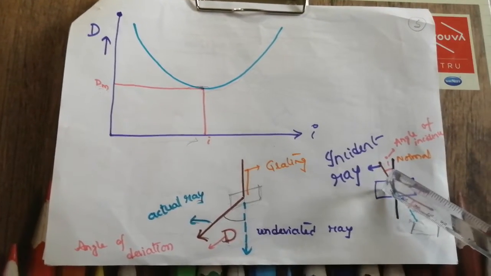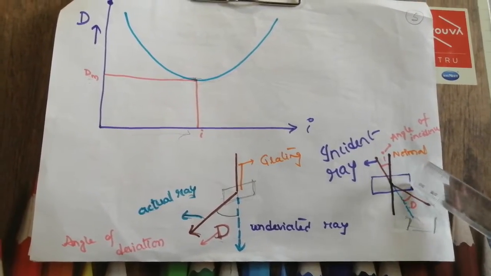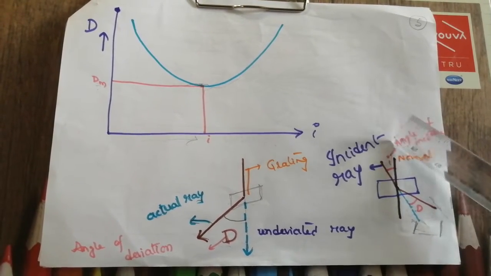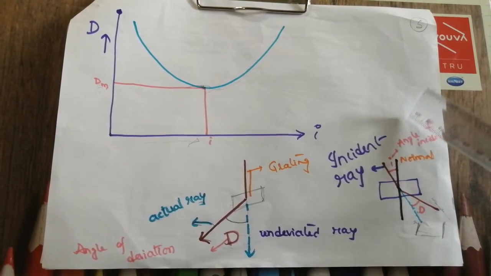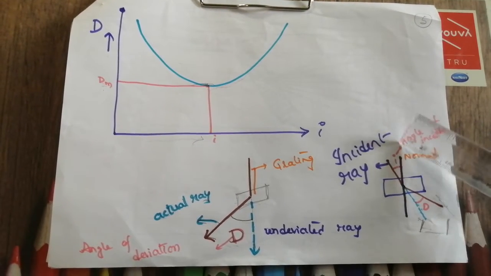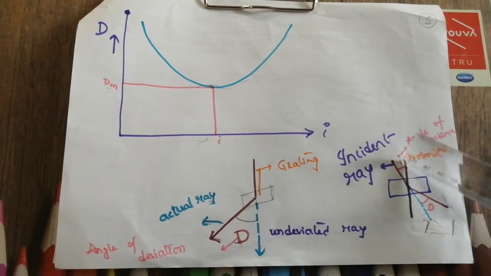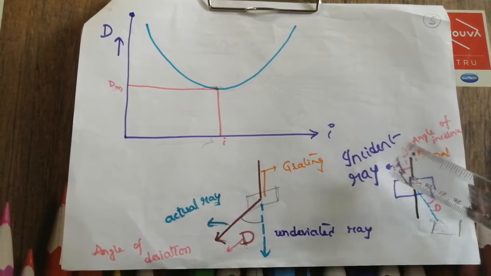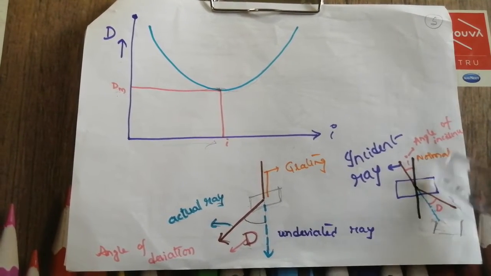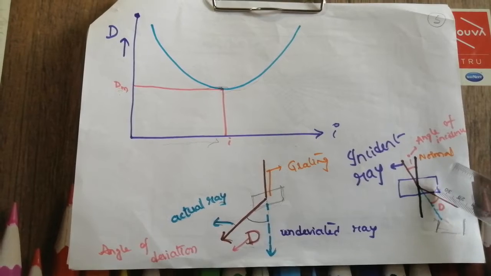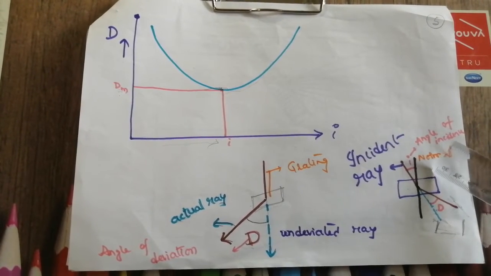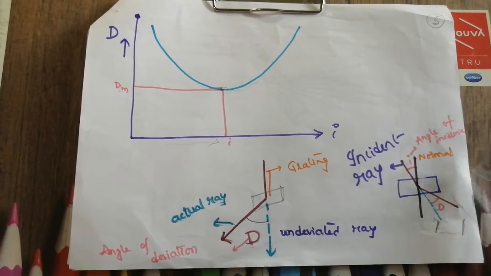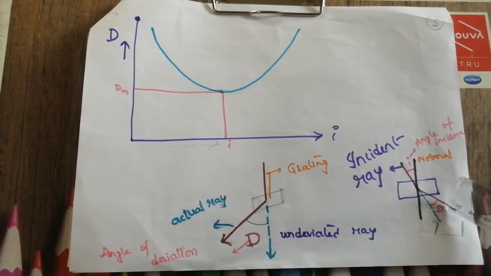If you put the grating at some angle I and then rotate it, the position of the slit and source light is fixed, so the actual incident ray line is fixed. So you have to change the angle of incidence by rotating the grating, that is, by rotating the prism table, so that the diffracted ray reaches its minimum position.